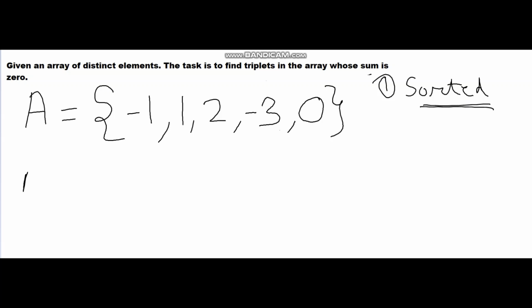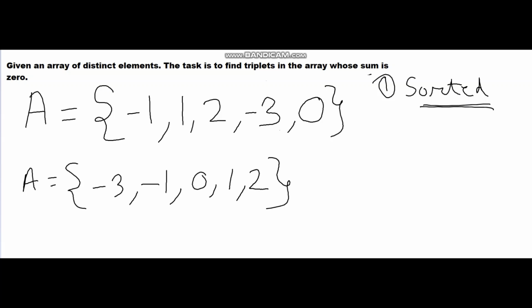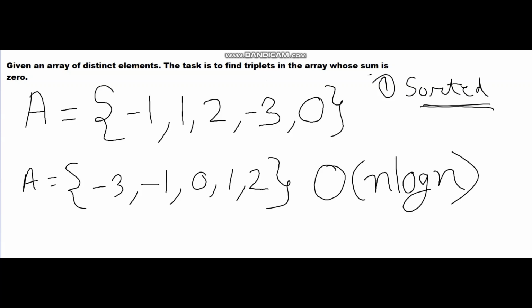So what we will do is sort the array A. After sorting, it will look like -3, -1, 0, 1 and 2. And what is the time complexity of sorting? If we use the best sorting algorithm, it is maximum n log n. So maximum it will take n log n to sort this array.